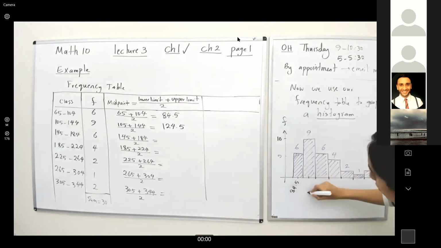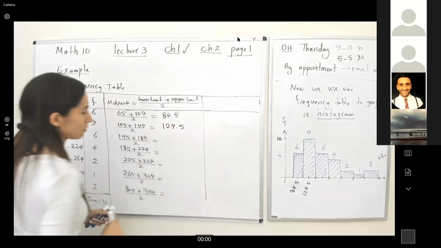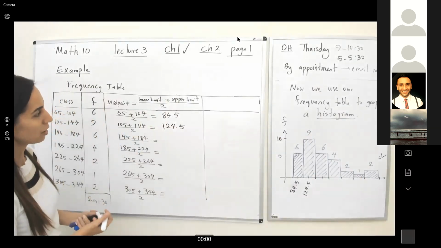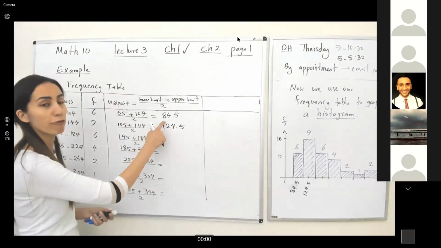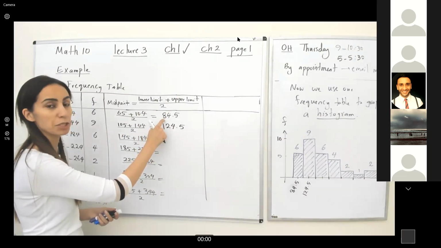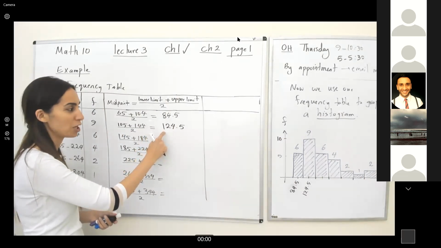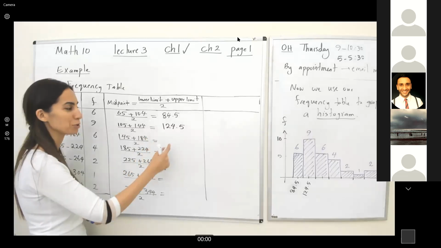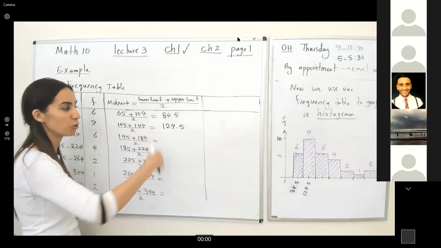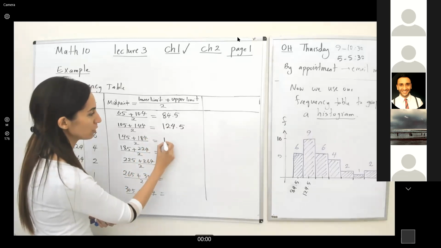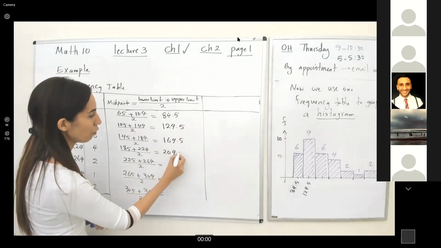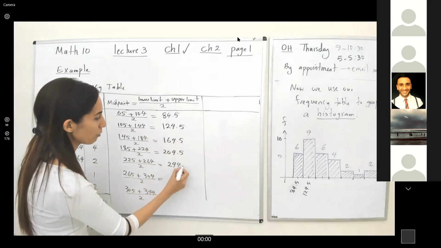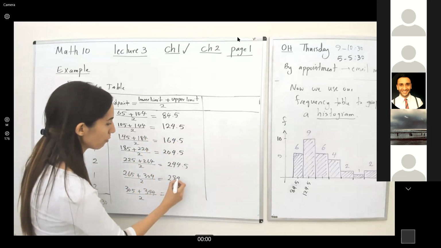So let me write it here, 84.5, 124.5. And note that here, what do we have? We added 40 to the first midpoint to get to the second midpoint. So if you add 40 to the second midpoint, you get to the third midpoint and so on. So this one is going to be 164.5. Then you're going to have 204.5, 244.5, 284.5.